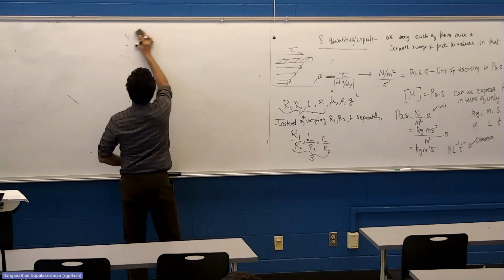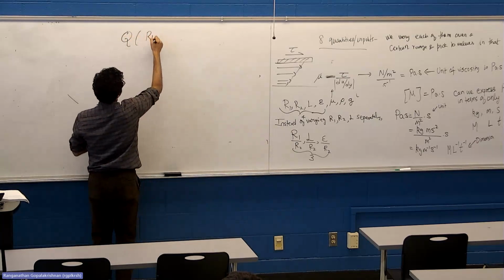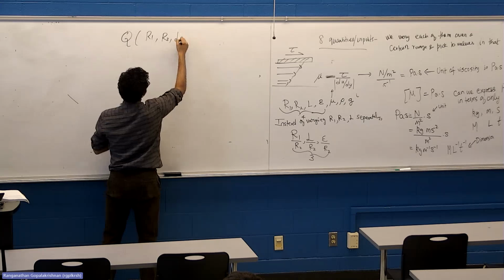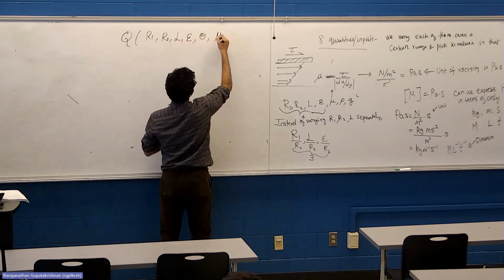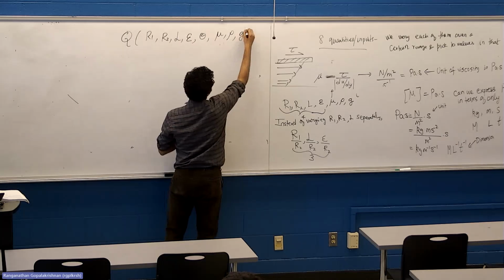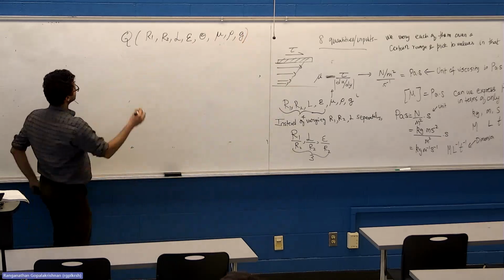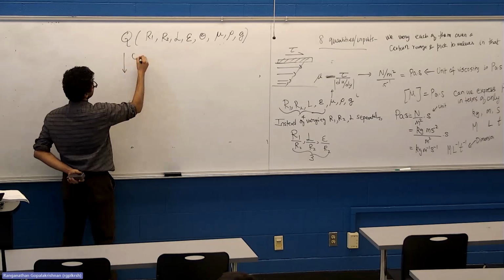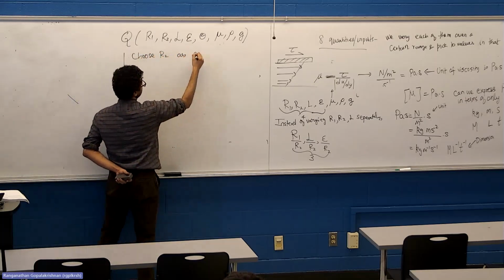So in our example today, the flow rate depends on R1, R2, length, roughness, angle, viscosity, density, and gravity. It depends on so many parameters. What we have done so far is to choose R2 as a reference length.